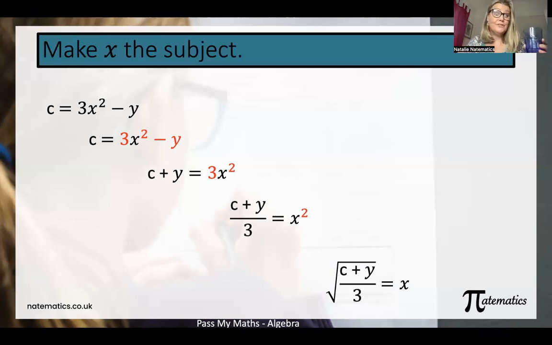When you take a square root of something, remember you could have a positive or a negative solution. So think, what's minus 3 times minus 3? So what's minus 3 squared? 9. What's 3 squared? 9. So when we come to look at the square root of 9, it could either be plus 3 or minus 3.